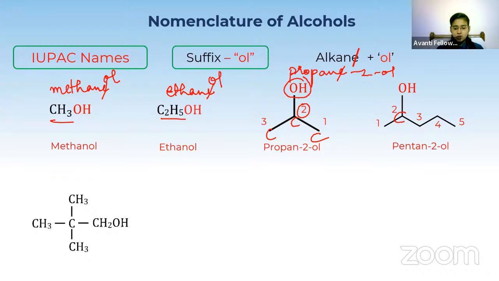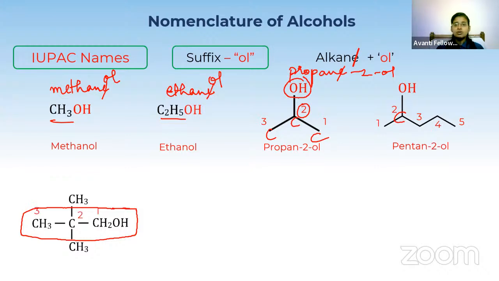Okay. So the straight chain is the parent chain because there we have more carbon as well as the OH group. Now you have to start numbering. The OH attached carbon should get the first preference. So 1, 2, 3. I have numbered.